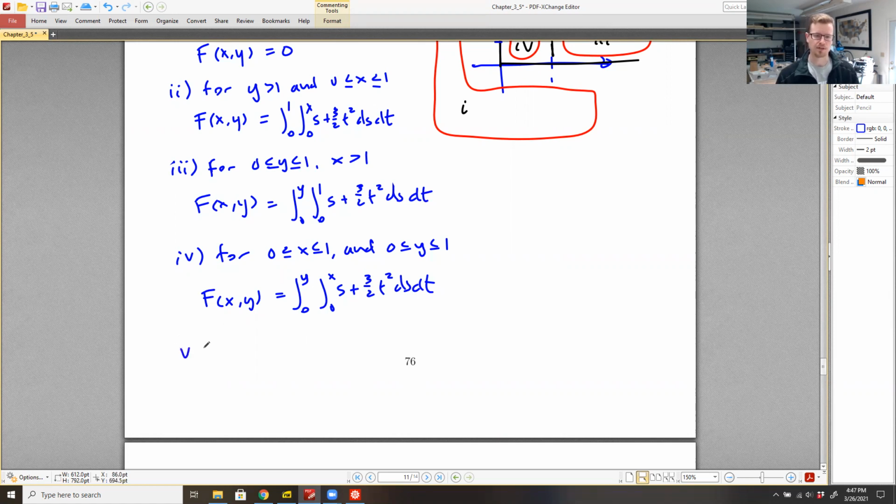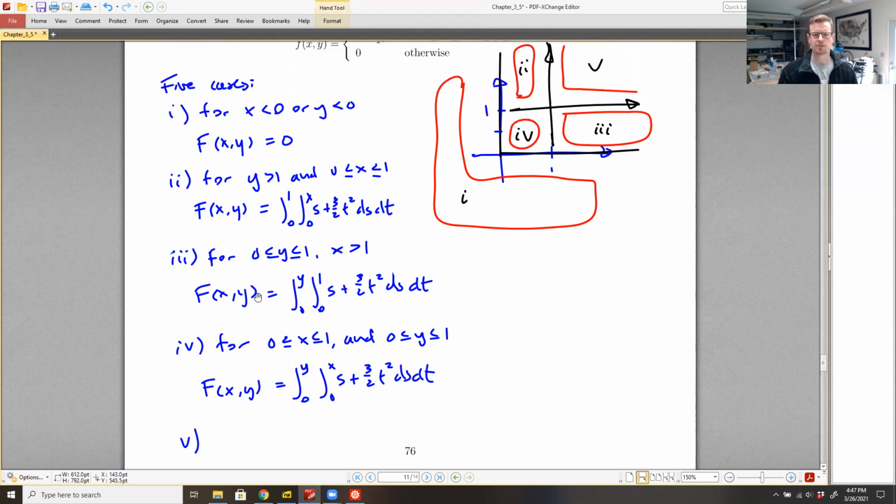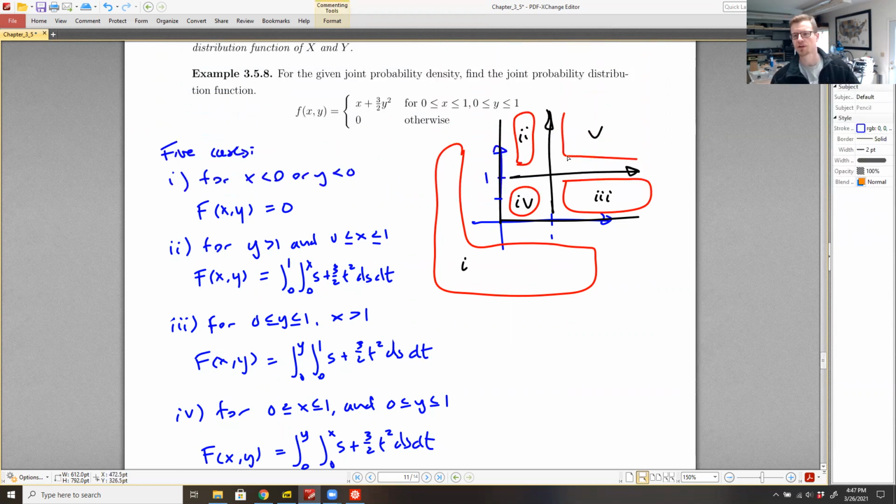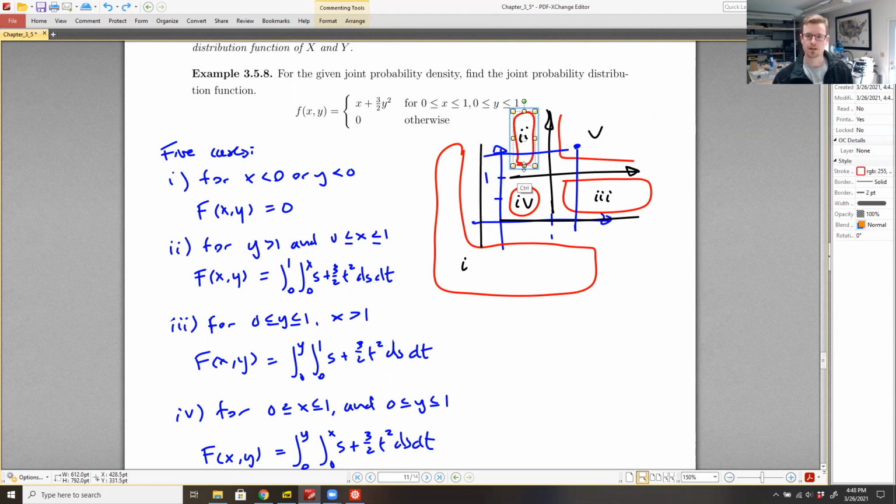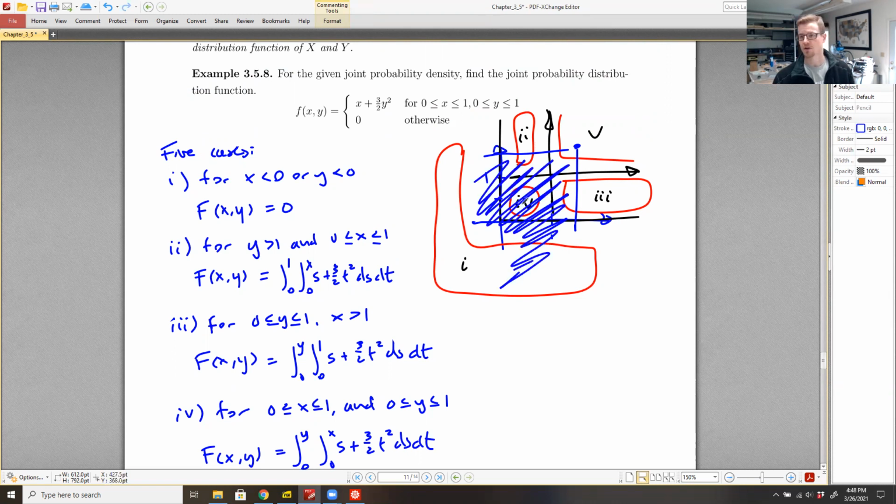Actually perform that integration. So our fifth region, once we're up here, once I choose any point up here, the entire non-zero region is included in that area. So that entire non-zero region should be equal to 1 in order for it to be considered a joint probability density to begin with.